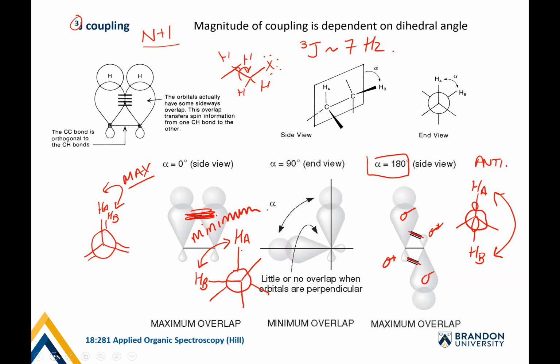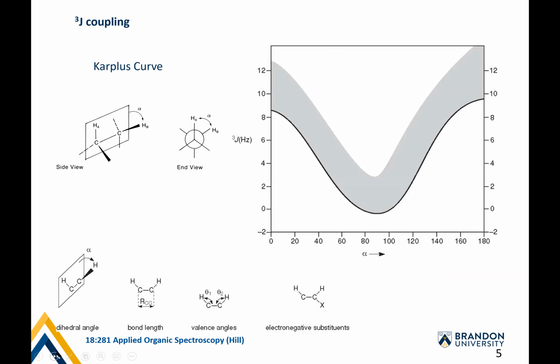What's interesting is that Karplus generated a curve of this bond angle between HA and HB, and there's basically a maximum at 0, so when they're eclipsing, and at 180 degrees there's another maximum when they're anti to one another.